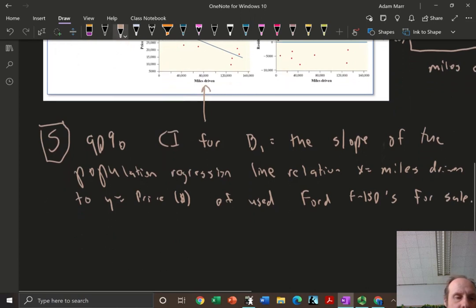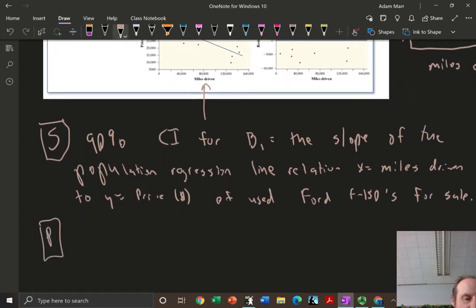Okay, now for plan, remember what I said in class: on the AP exam, from what the book claims, for a lot of these problems they say to assume all the conditions are met. So all we're going to say right here is what type of interval we're doing, and this is a T interval.